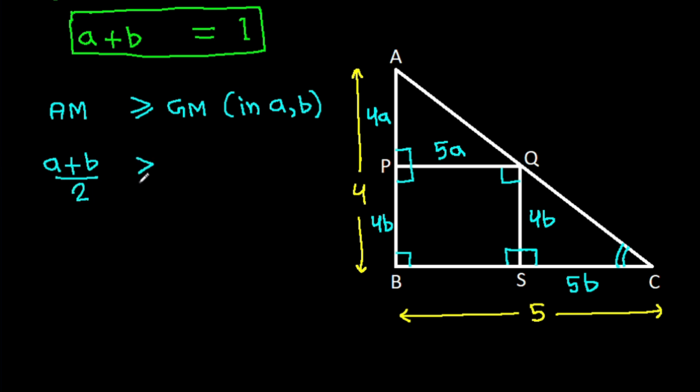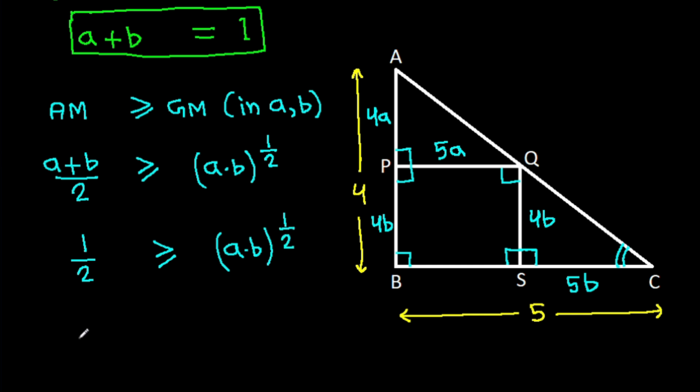It will be greater than or equal to GM of A and B, which is A times B power 1 over 2, and A plus B is 1, so 1 over 2 is greater than or equal to A times B power 1 over 2.